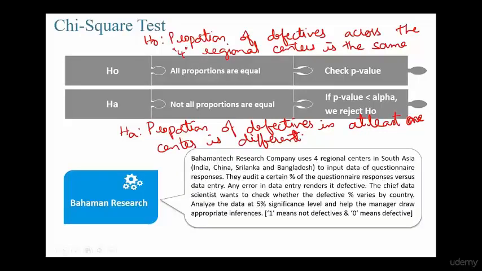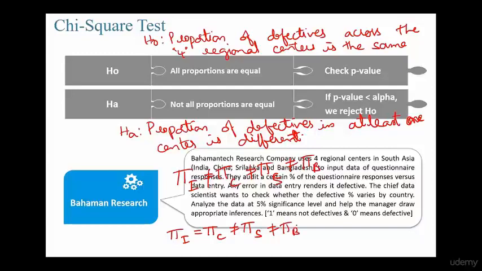We cannot say that proportion of defectives are not the same. We cannot say in that way because, look at this. Either I can write it in this way that proportion of defectives in India is not equal to China, is not equal to Sri Lanka, is not equal to Bangladesh, or there could also be various scenarios such as proportion of defectives in India is equal to China, which is not equal to probably Sri Lanka, and which is not equal to Bangladesh.